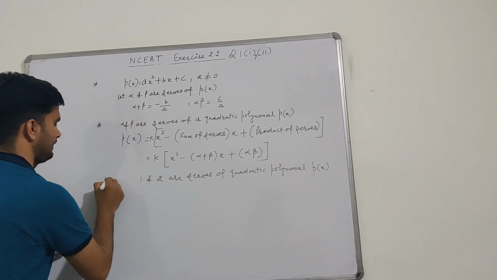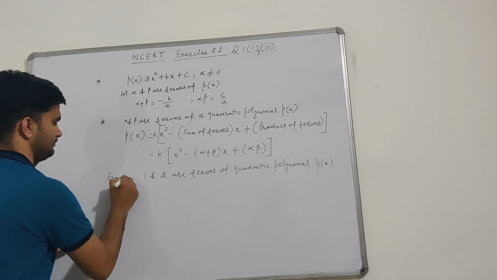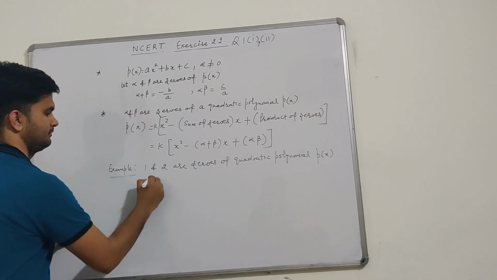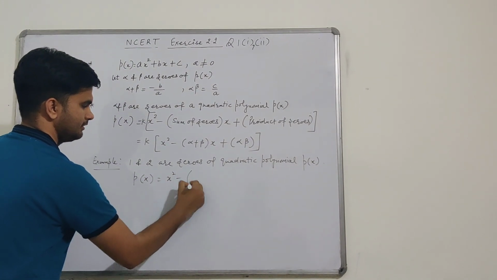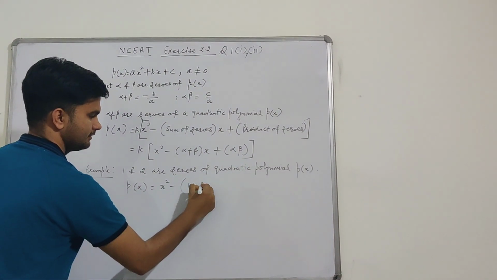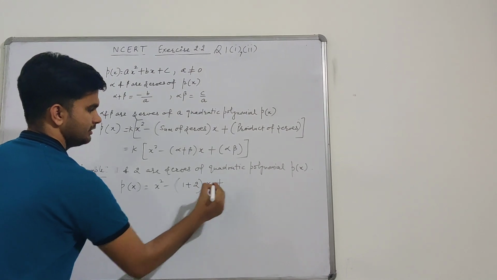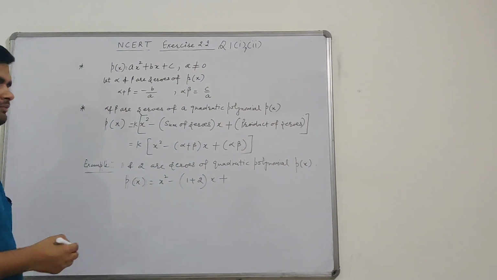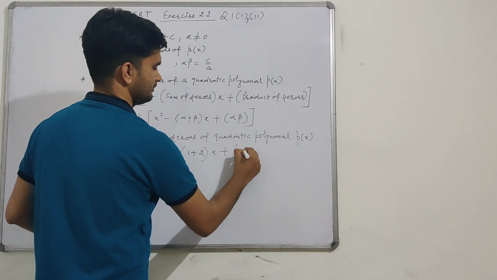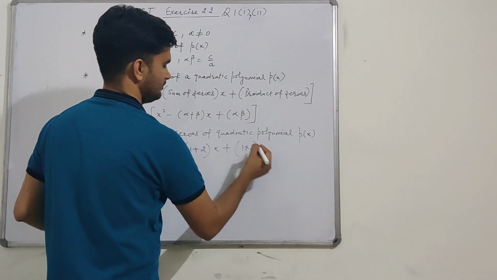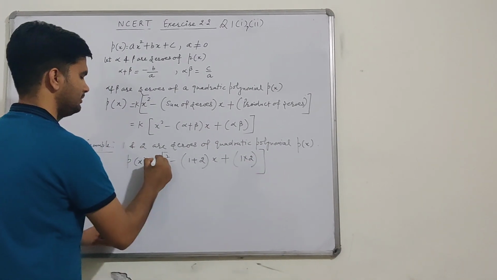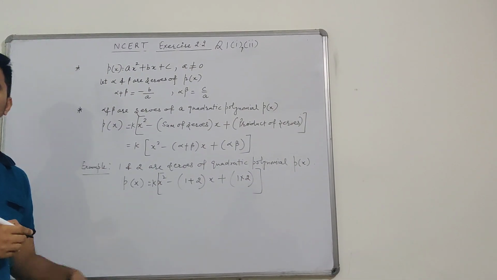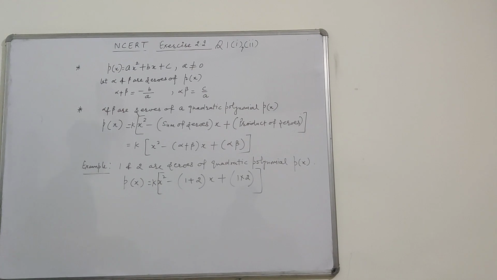So px is equal to x square minus sum of zeros into x plus product of zeros, and multiply this complete polynomial by k, where k is any constant term.